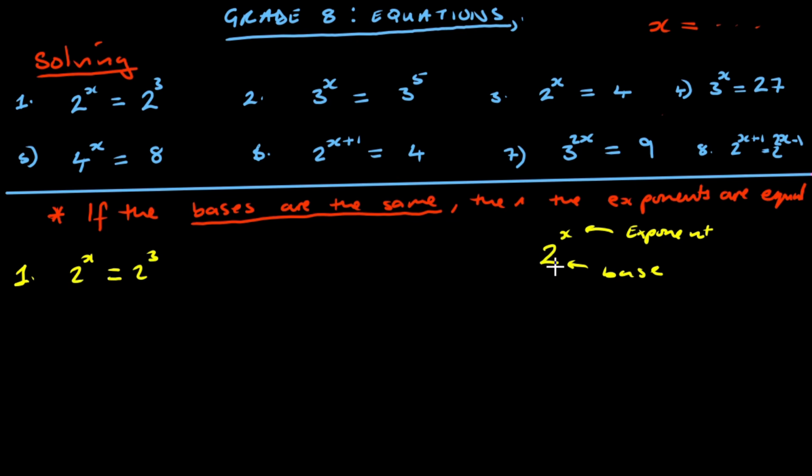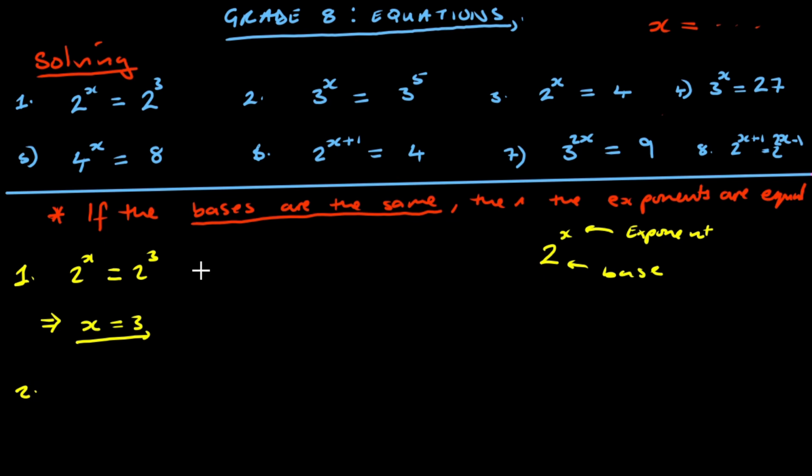Remember, the base is the number that is sitting on the ground. So both of them have the base 2, so the bases are equal. It implies that the exponents, the powers, are also equal. So we've already solved that. Let's go on to the second one.